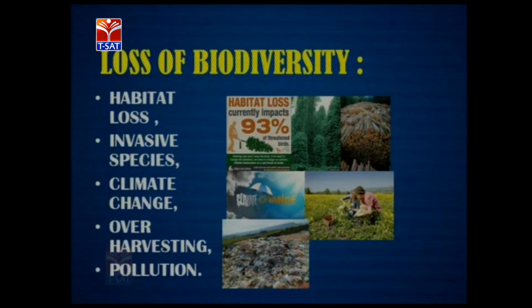Coming to the next, climate change: due to the loss of biodiversity, the whole ecosystem will be damaged. You can see in the slide that there is climate change, that is, in the summer also we are seeing rainfalls, and in winter also we are seeing rainfalls. This is all due to climate change, mostly due to the loss of biodiversity.